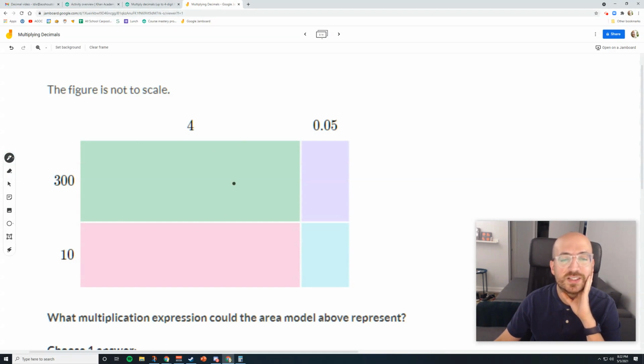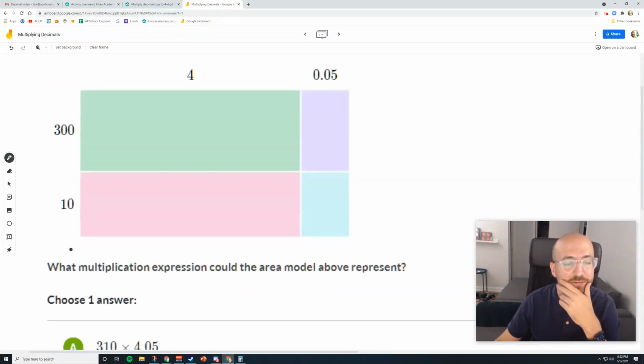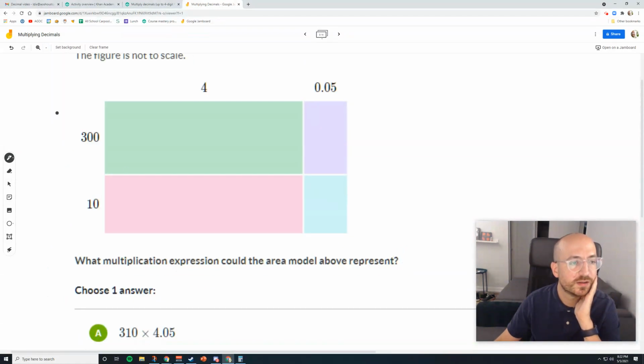Good. So this is like a partial product area model. Remember this? It looks like foil. We could foil with 4 partial products. Here we have 4 wholes and 5/100ths times 310. So that one's pretty basic.